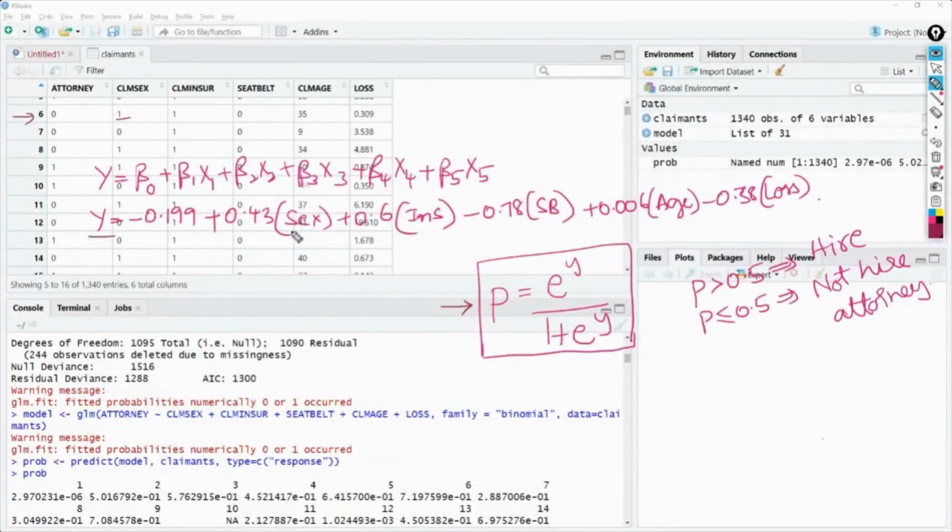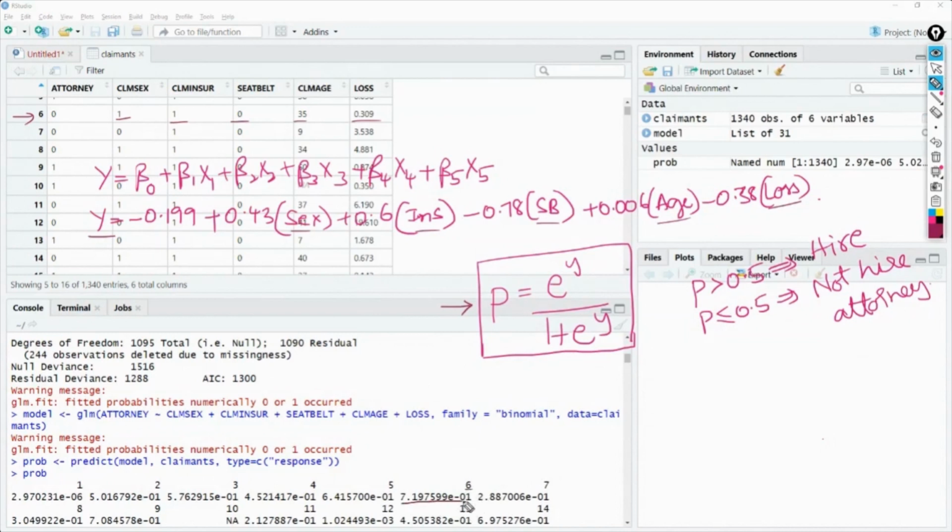If you go to the sixth row, take the claimant sex, substitute here. Insurance, you substitute here. Seat belt, age, and loss. When you solve it, you get the output value y. Take that and substitute in this equation, and then you get the probability value.